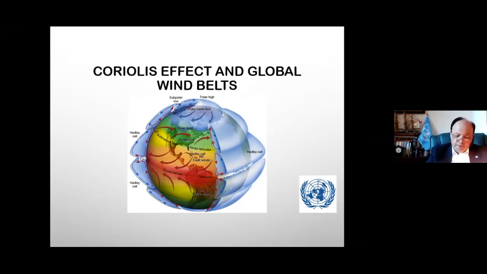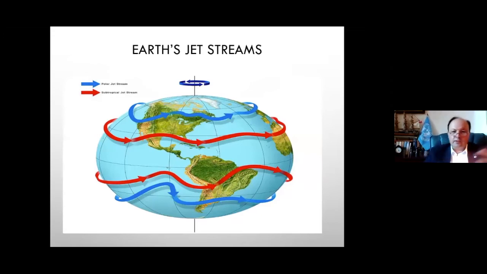But the Coriolis effect also generates other types of stronger winds in the upper layer of the troposphere, and these are the Earth's jet streams. They have huge impacts on regional weathers, and we have the polar jet streams and the subtropical jet streams as part of this Coriolis effect.